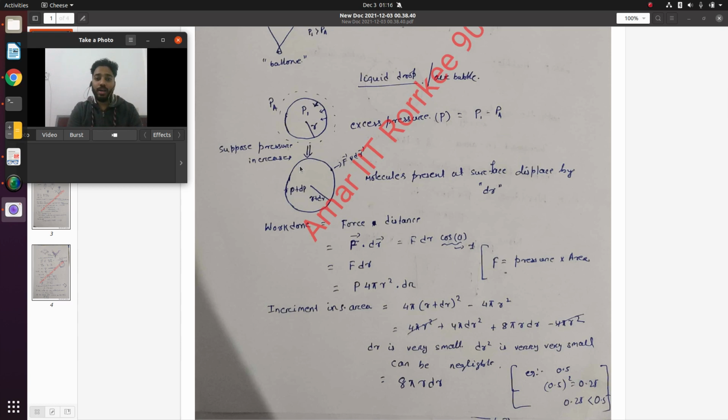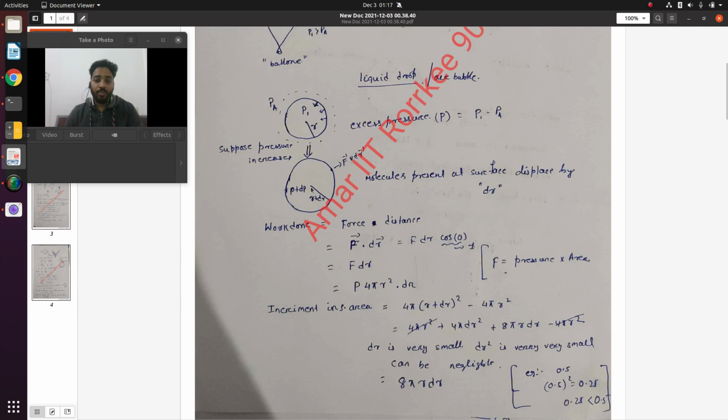When it expands, its size increases. You can see my cursor, the size increases. Okay, so next, let's draw this bigger liquid drop here, after the expansion of the liquid drop due to the increase of the pressure from P to P plus dP.